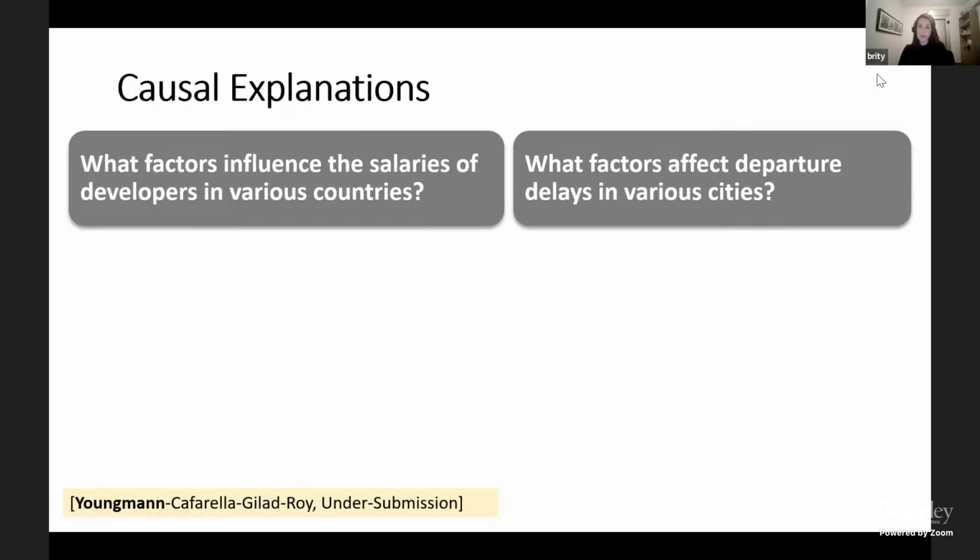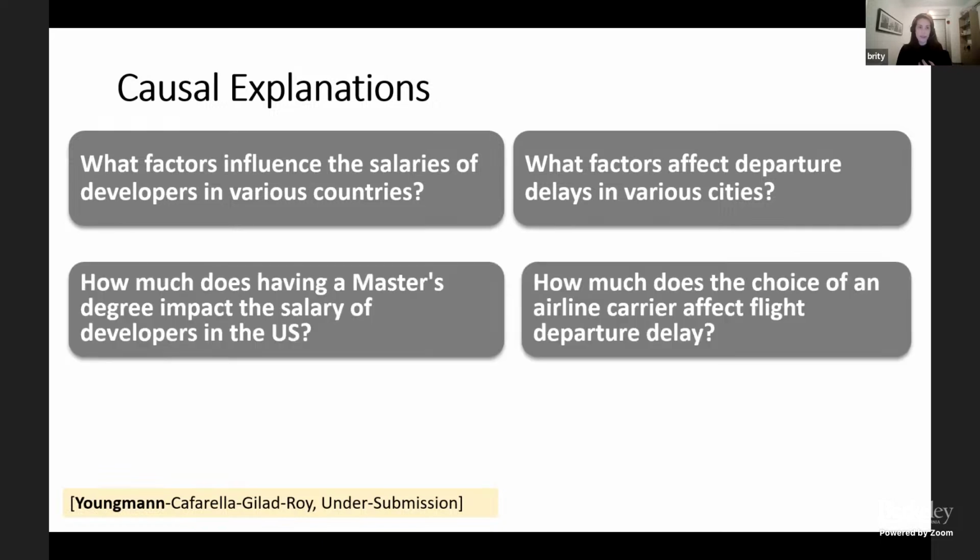Or what are the factors affecting the departure delay in different cities? In order to answer those kinds of questions, we have to be able to quantify the effect. For example, how much does having a master's degree impact the salary of a developer in the US.